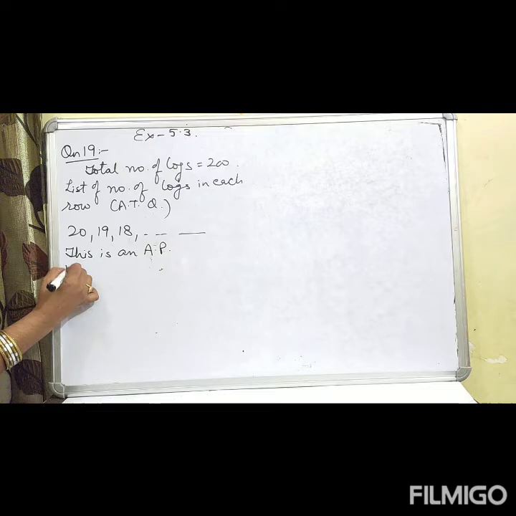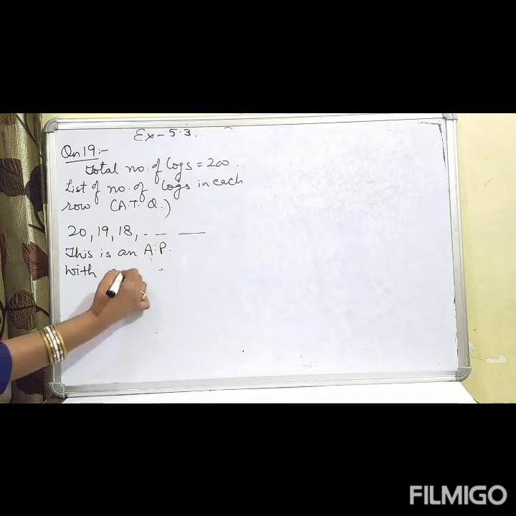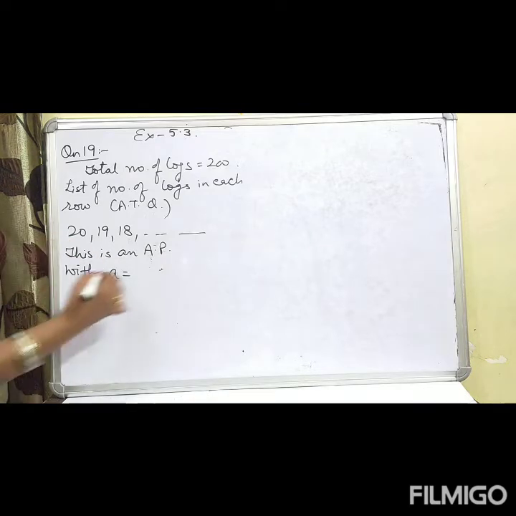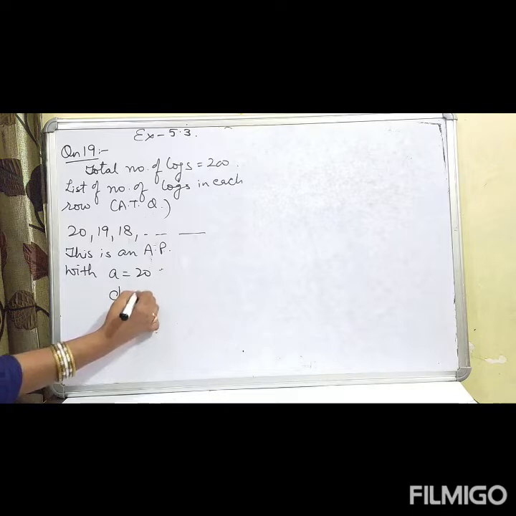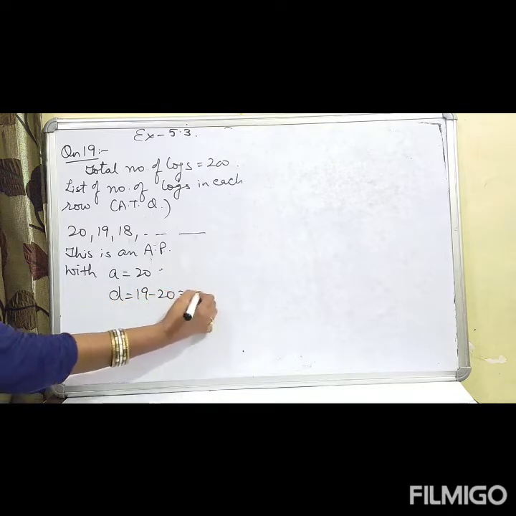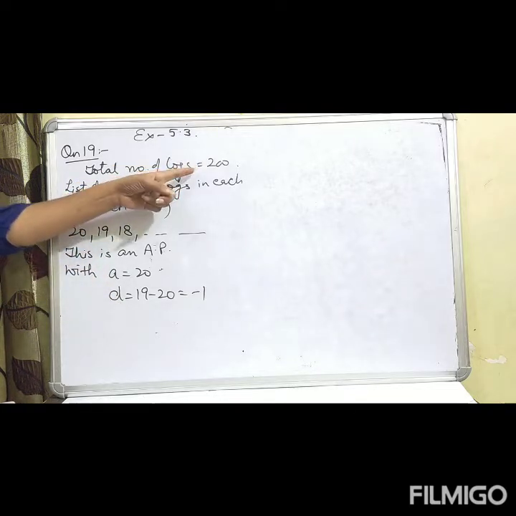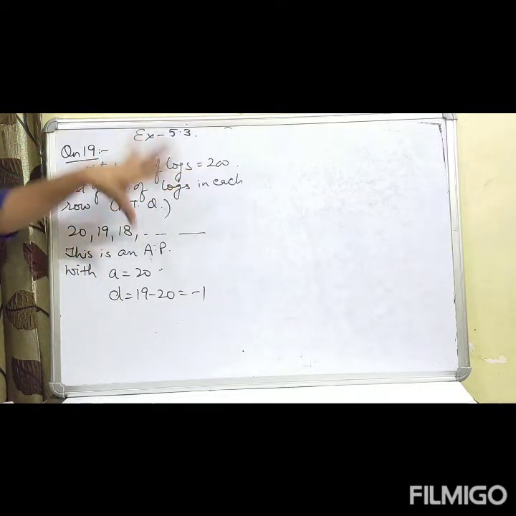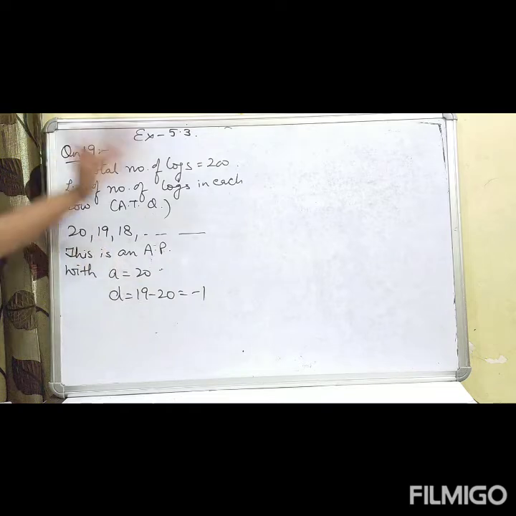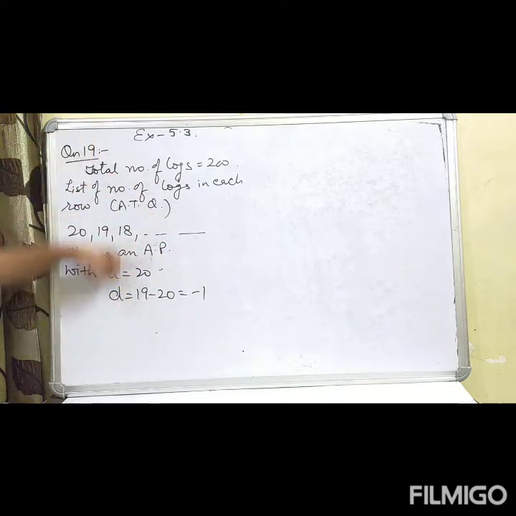And with a equal to, what is the value of a? 20. And the value of d will be minus 1. Now we have a, we have d, and this 200 is the sum of total number of logs.